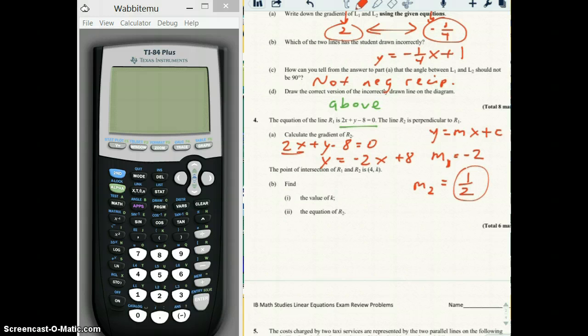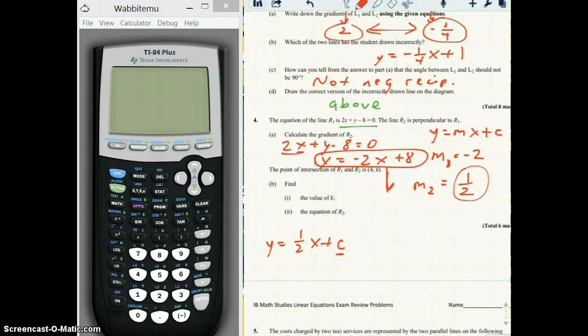Now the point of intersection between R1 and R2 is 4, k. Find the value of k and the equation of R2. Well, we know that the equation of R2 is y equals 1/2 x plus something. We just don't know what the something is. So let's look at this equation.